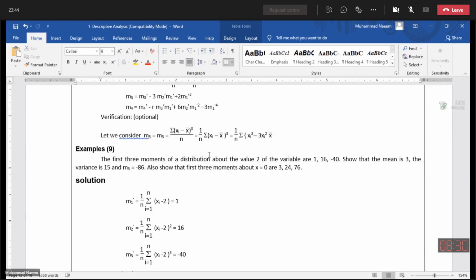Our next term is 3xi x bar square. Our last term is x bar cube.